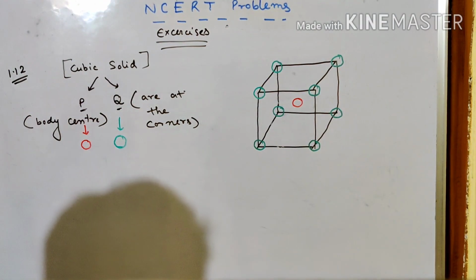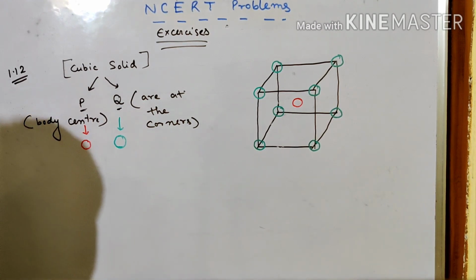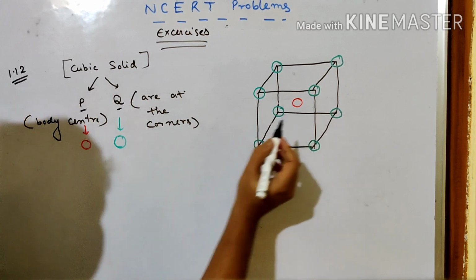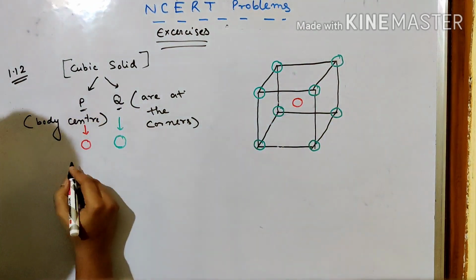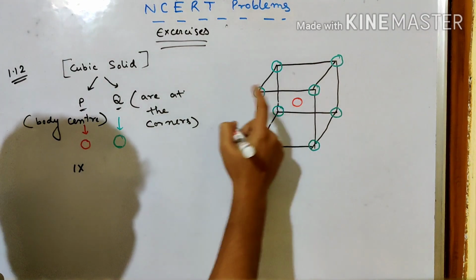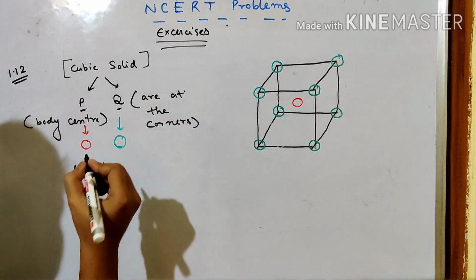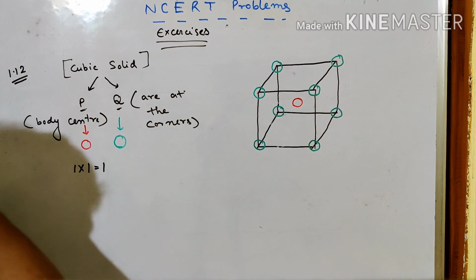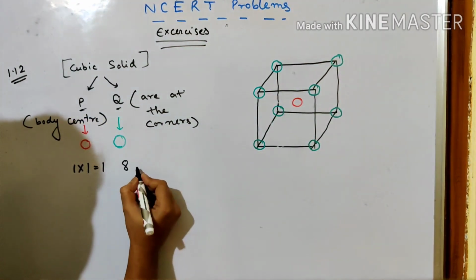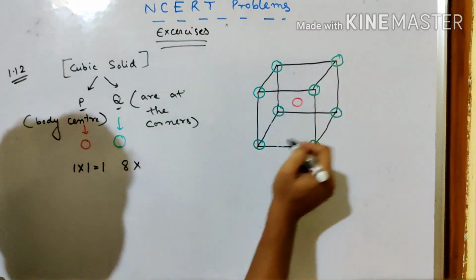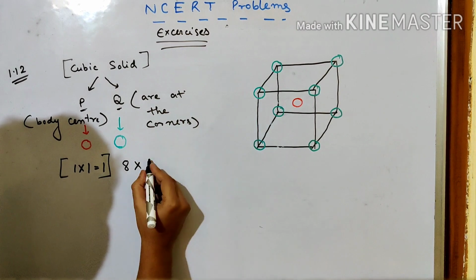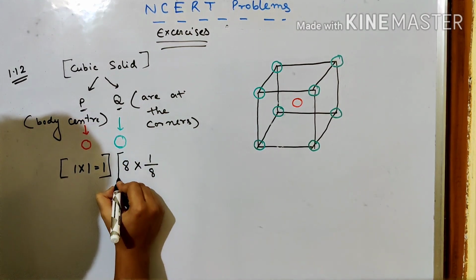Question is, what is the formula? So let us calculate here only. We know P is present at the body center, so this one is fully inside. How many of these atoms are there within the unit cell? Only one atom. So 1 into 1, it is 1. For Q, there are 8 Q atoms. Each one is present at a corner and each one of them contributes 1/8.